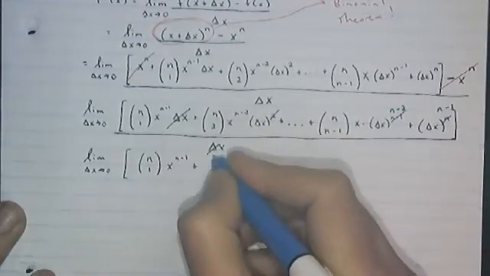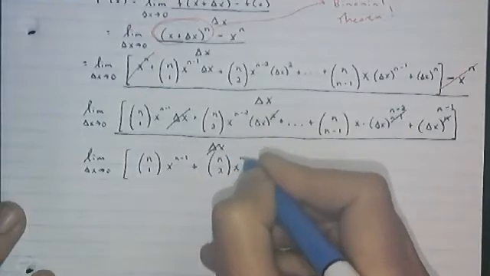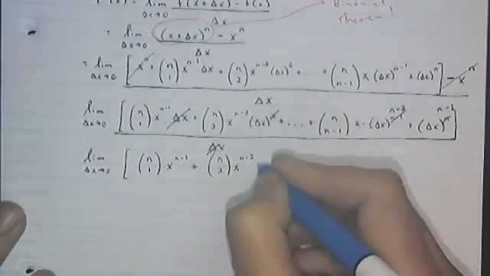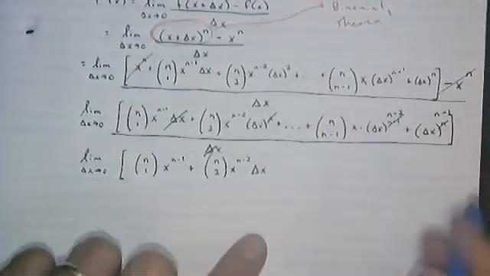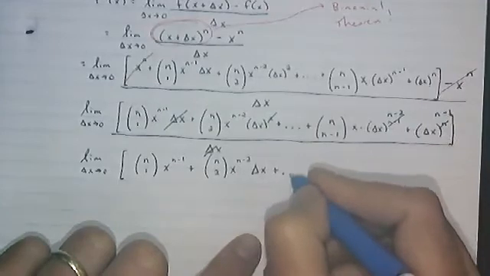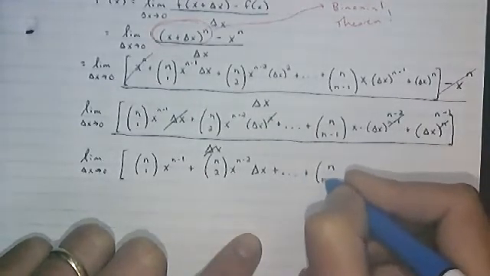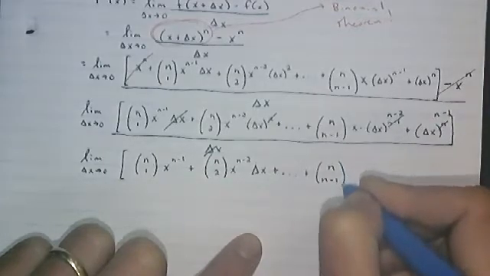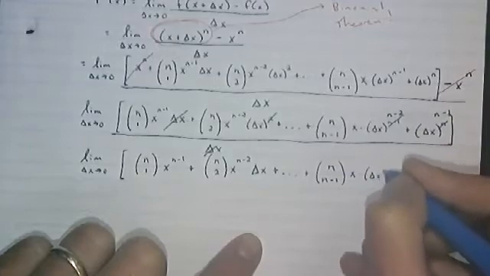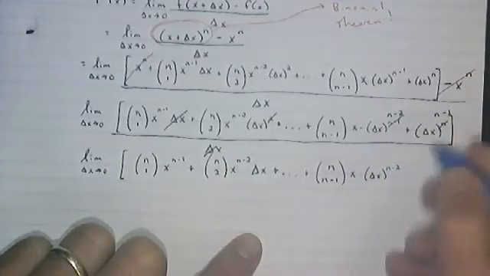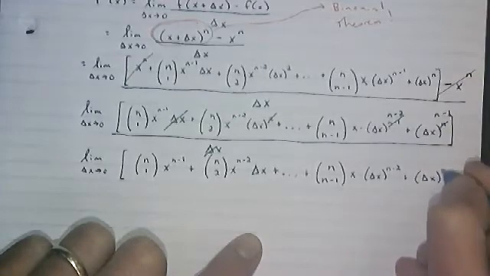Plus n choose 2 times x to the n minus 2 times delta x, there's still one there, plus dot dot dot, plus n choose n minus 1 times x times delta x raised to the n minus 2, plus delta x raised to the n minus 1.